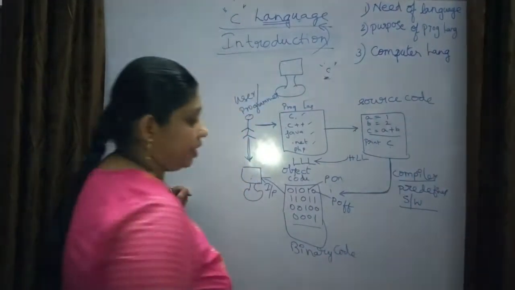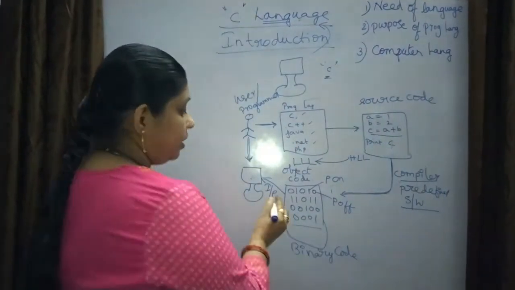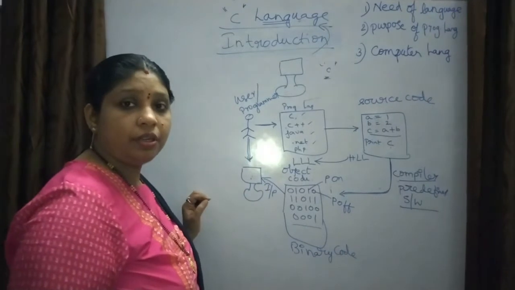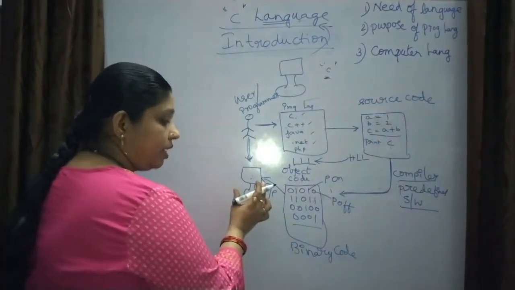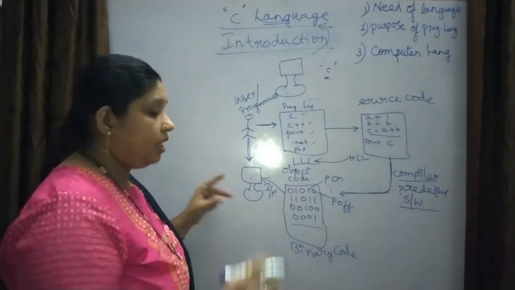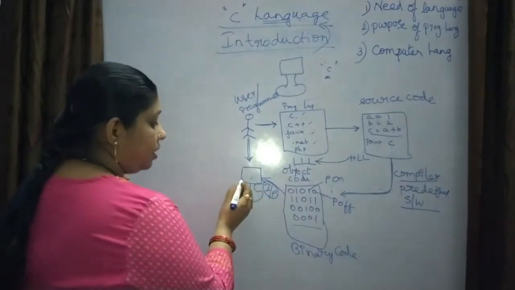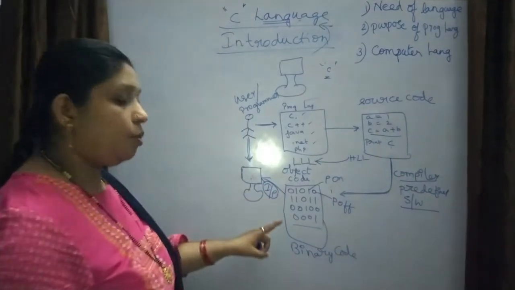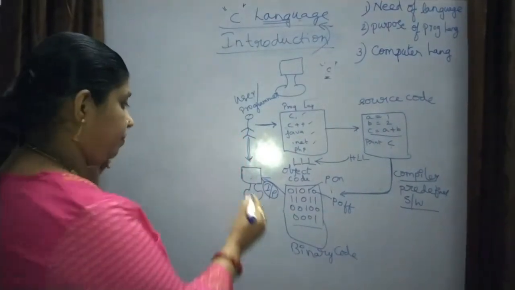Binary code is generated. Now this code is given to the computer, taken by the machine. It will understand it easily. It takes it as the input, understands that code, and whatever output it wants to give, it will give.